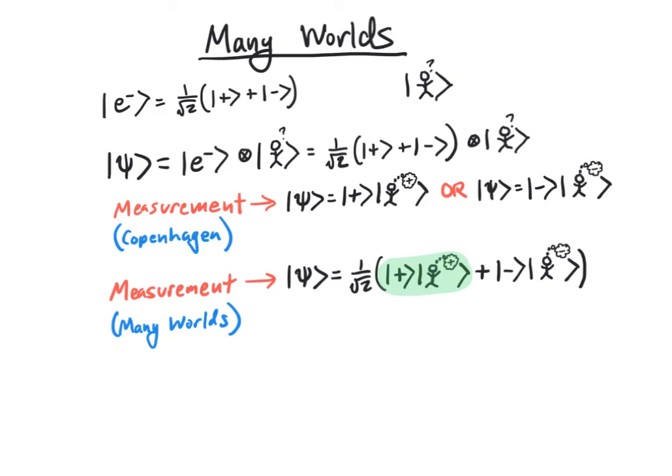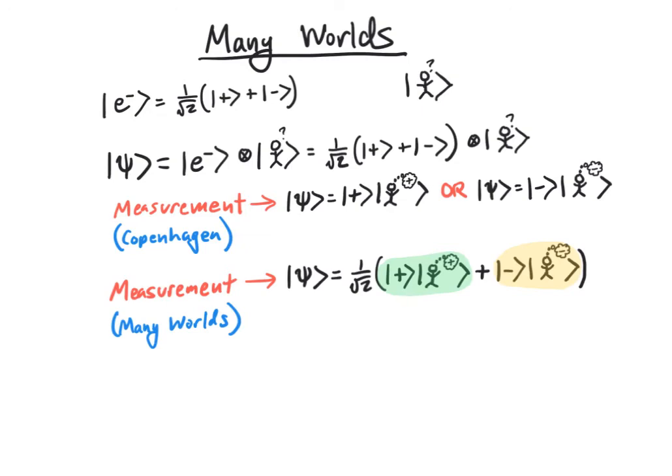But future you will also find the particle spin down and create the memory of finding the particle in the spin down state. But these two versions of you are unaware of the other. There's no mixing between those two terms, so the version of you with the memory of finding the particle in spin up has no knowledge about the version of you that found the particle to be spin down.